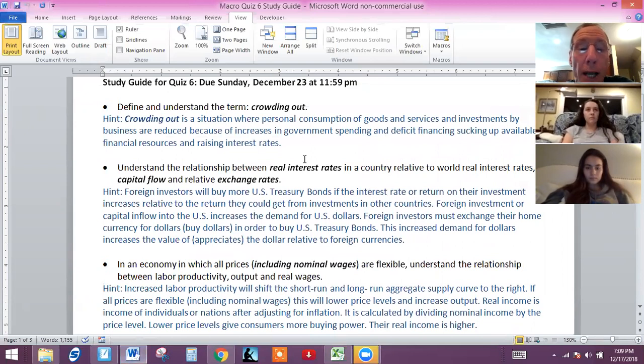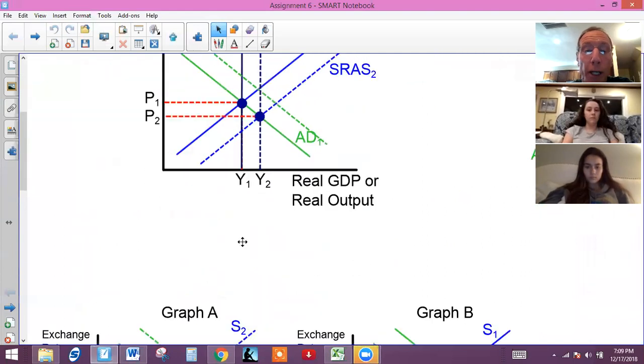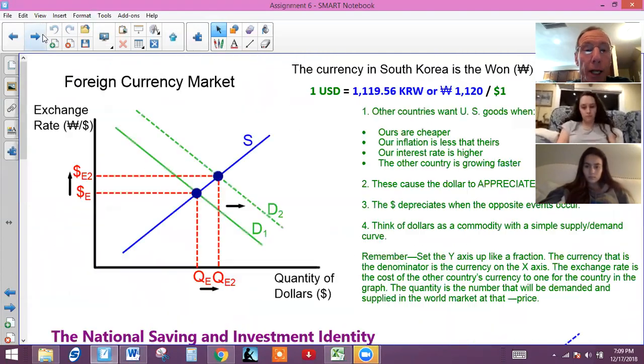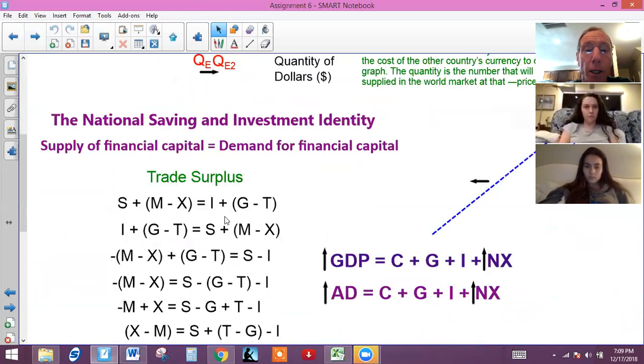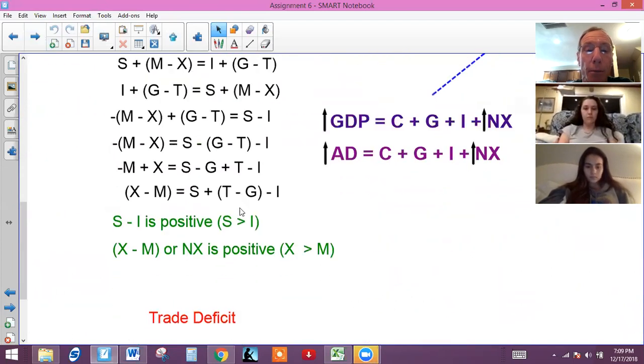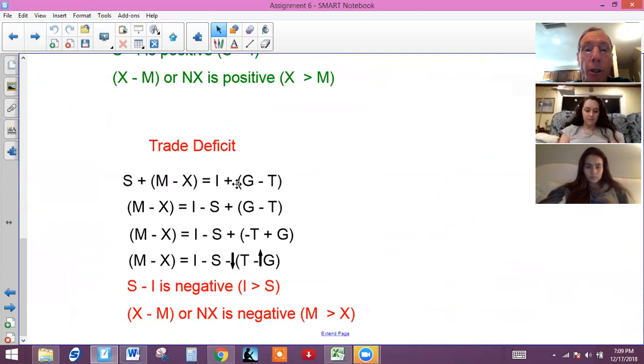So a deficit just simply means that when you look at the balance of trade, this right here, a deficit just simply means that G is greater than T, right? The government spending is more than we actually take in for taxes. So typically when that happens, the government has to borrow. And when the government borrows, that drives up money demand, which drives up the cost of money.